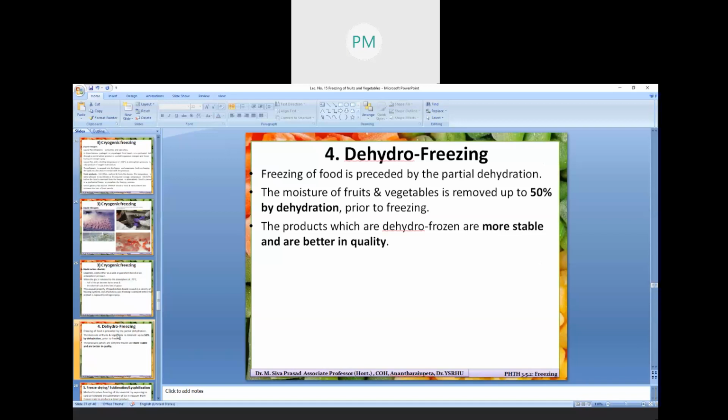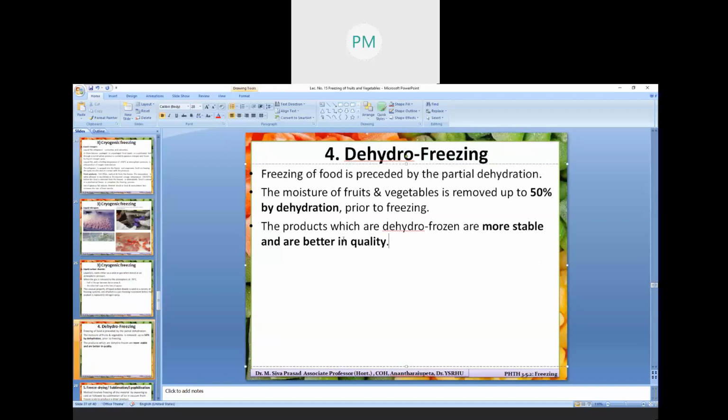The name itself indicates it: first you dehydrate, to an extent of 50%, then you freeze the produce. Then you will get a more stable and better quality produce.